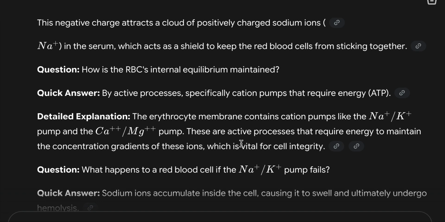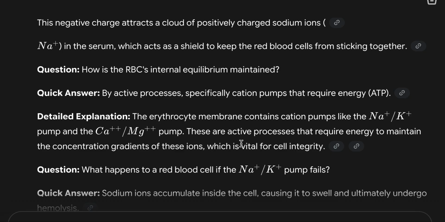How is the red blood cell's internal equilibrium maintained? This is by active processes, specifically cation pumps that require energy in the form of ATP.